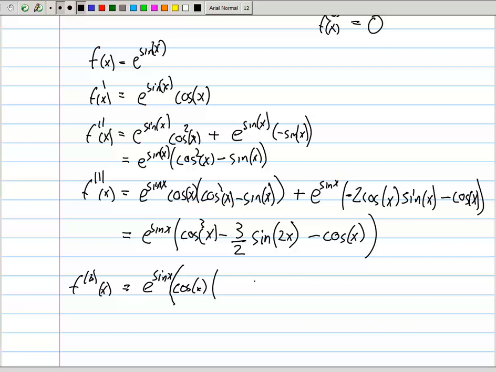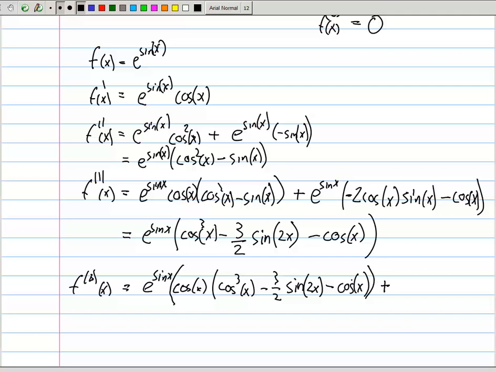I'm going to just put a bracket in here, go cos x times cos cubed x minus 3 over 2 sine 2x minus cos x. Close this first bracket, and now we can just go plus.